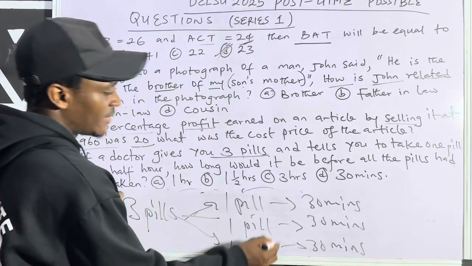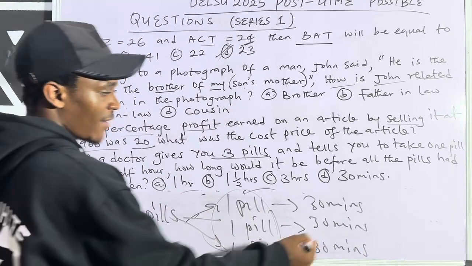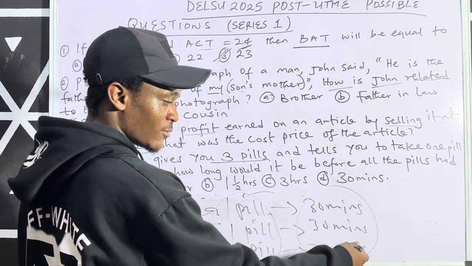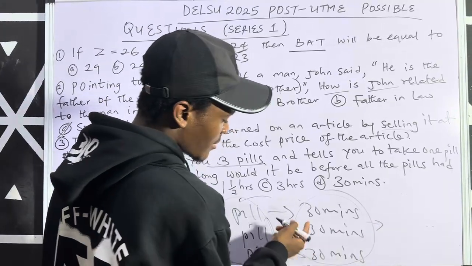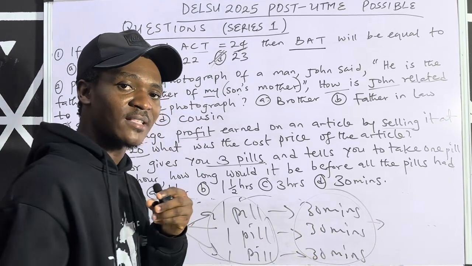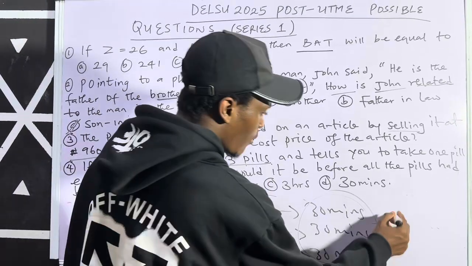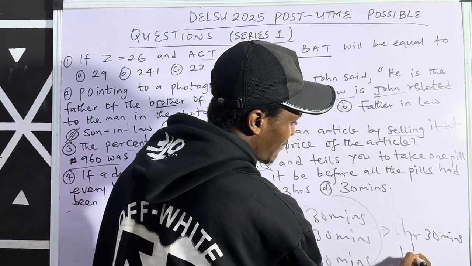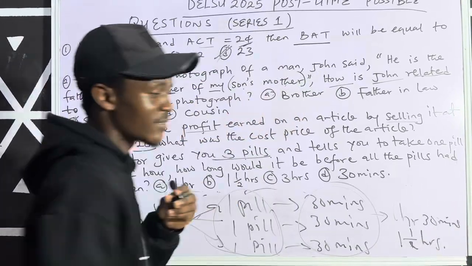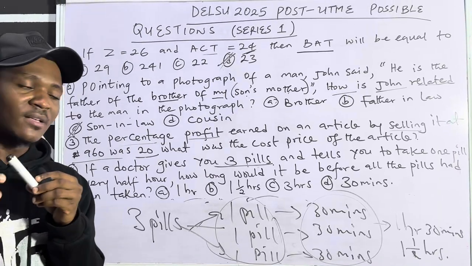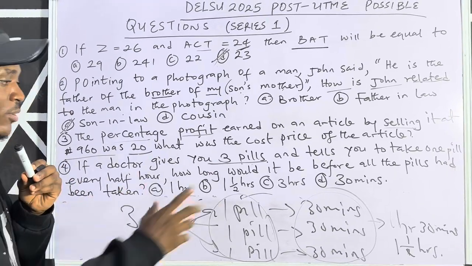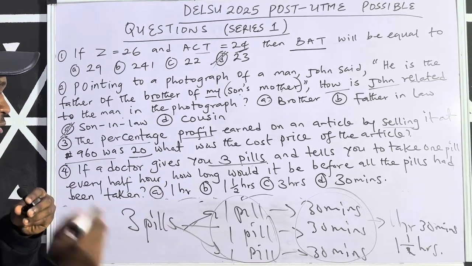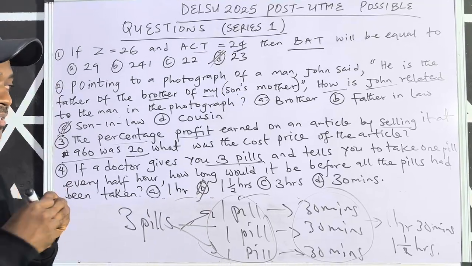So the 3 pills will be consumed after you have taken them for this number of hours. To convert this to hours, it becomes 30 plus 30 plus 30, that's 90 minutes. 90 minutes is equivalent to what? It's equivalent to 1 hour, 30 minutes, or you could say 1.5 hours. Because 30 minutes is half hour, 1.5 hours would be the time you use to consume the whole of the 3 pills. So the correct option is option B. So that's how you attempt questions like this.